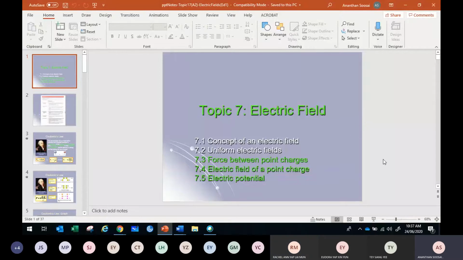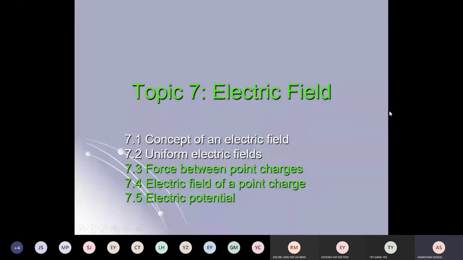So it's going to be a very fast movement. So I think we're going to move quite fast. Any questions? I hope you have the slides in the Moodle.